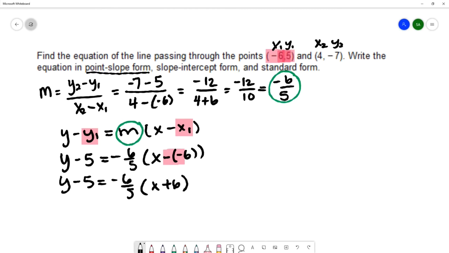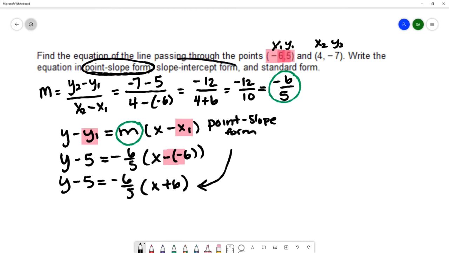So we use the point-slope form, substituting in a point on the line and the slope of the line, and now we have the point-slope form of the line, which is the first form that we want to write the equation in.